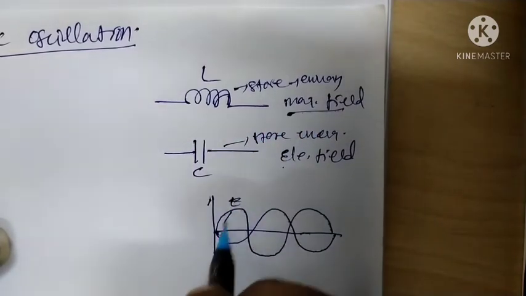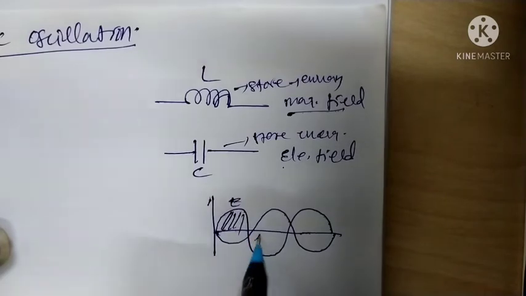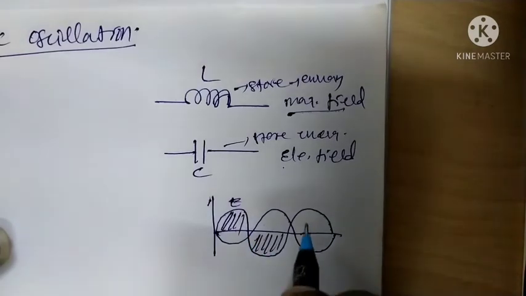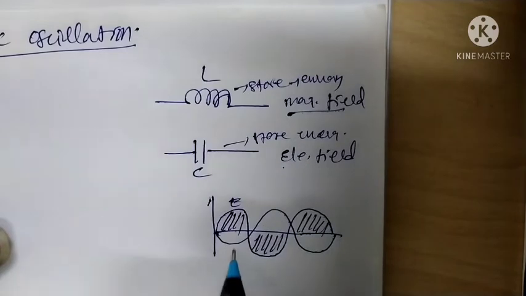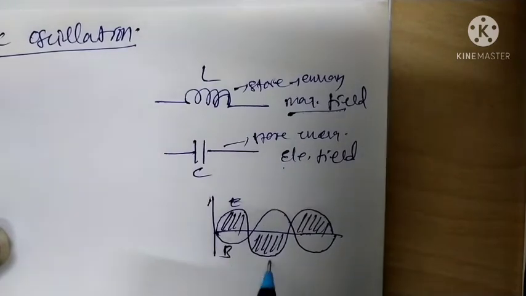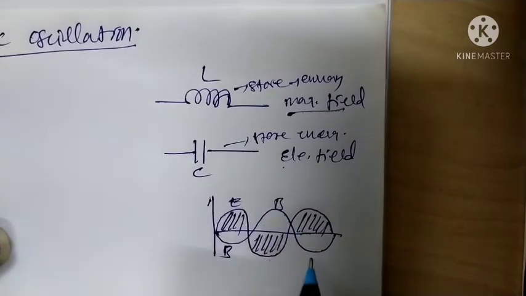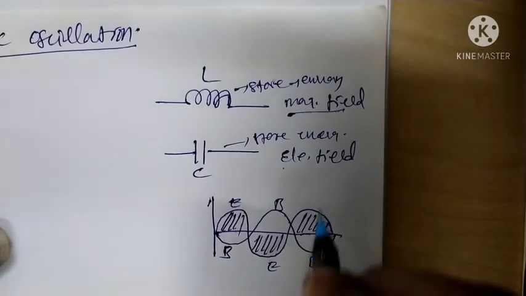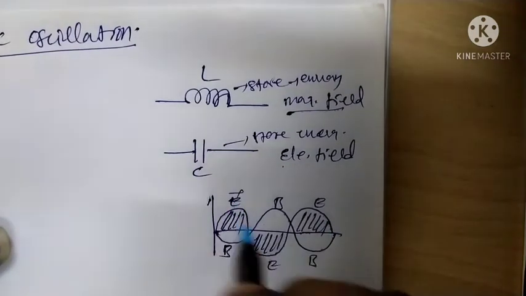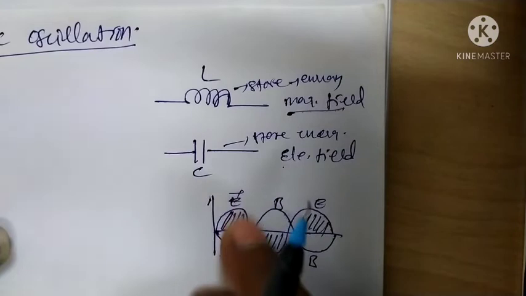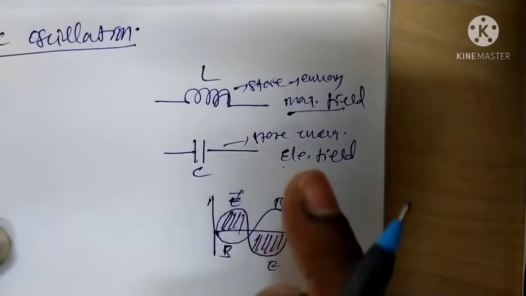Suppose this is the electric field and this is the magnetic field. The electric field goes up and down, up down, up down.